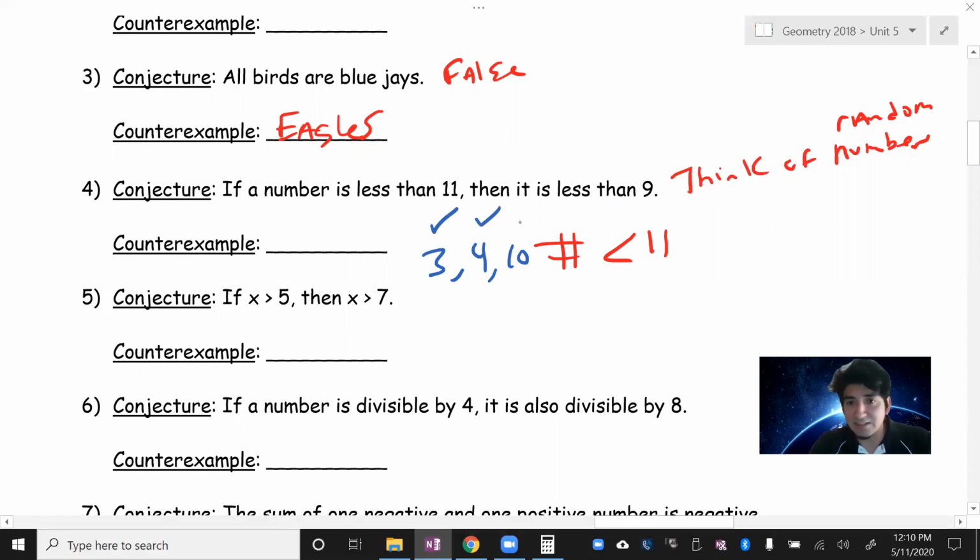But then for 10, it's not true because 10 is less than 11, but it's not less than 9. So that means this is false. Okay, so you can pick number 10. Okay, so just throwing it out there so you can see the examples.